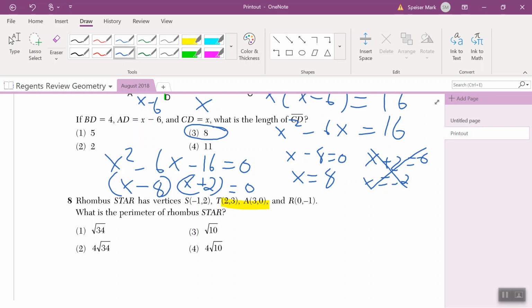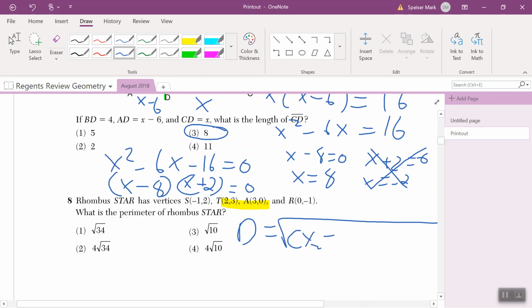So the distance formula says the difference of the x's plus the difference of the y's, both squared. So let's plug into the equation.